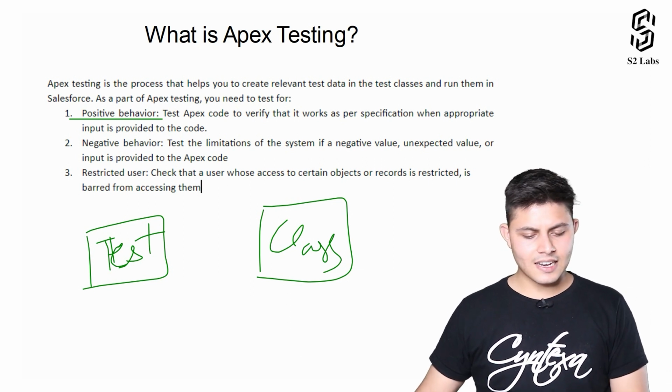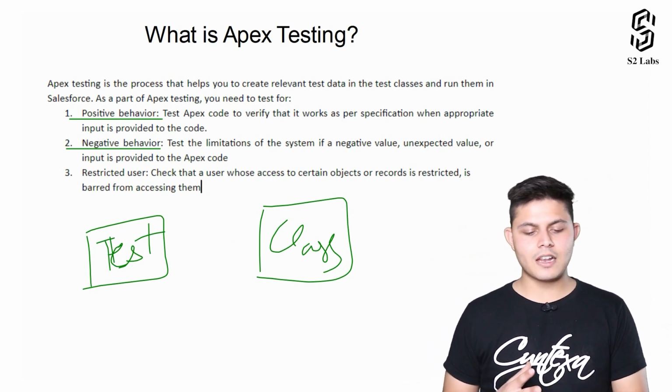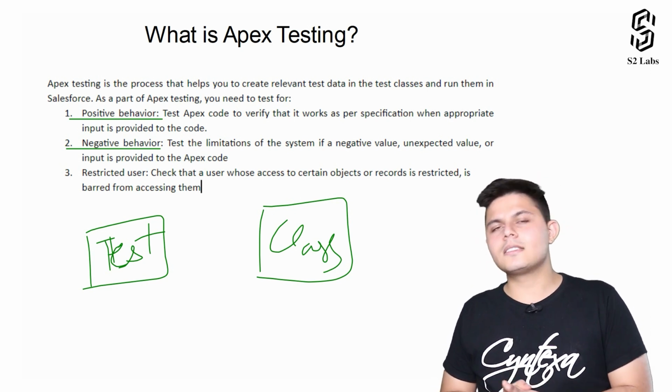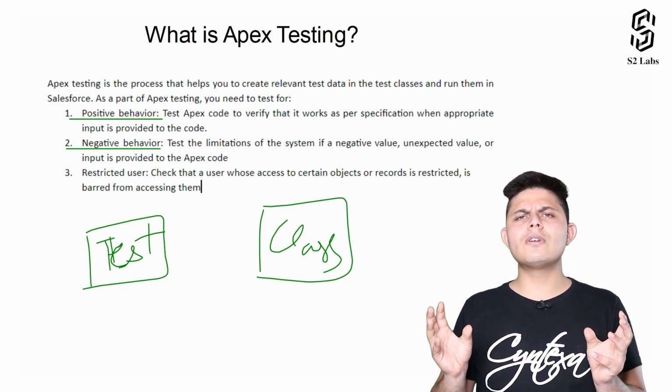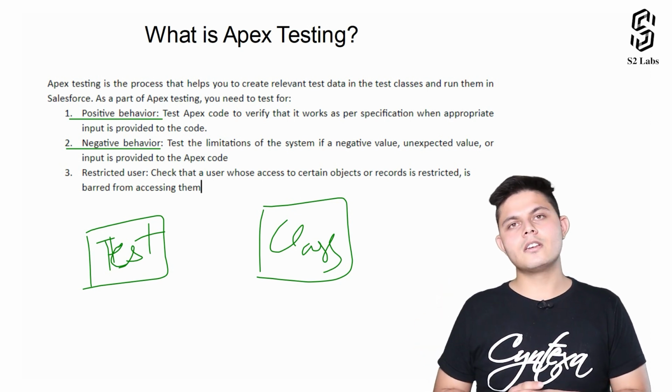Next thing is negative behavior, right? This basically means testing the limitations of the system if a negative value, unexpected value or input is provided to the Apex code. Let's say you need to add two numbers, the code that we tested earlier for the positive behavior.